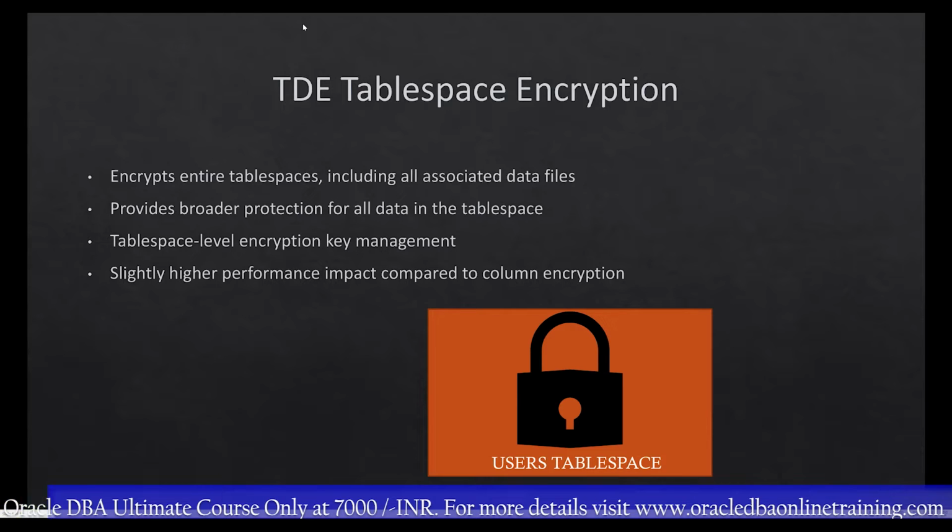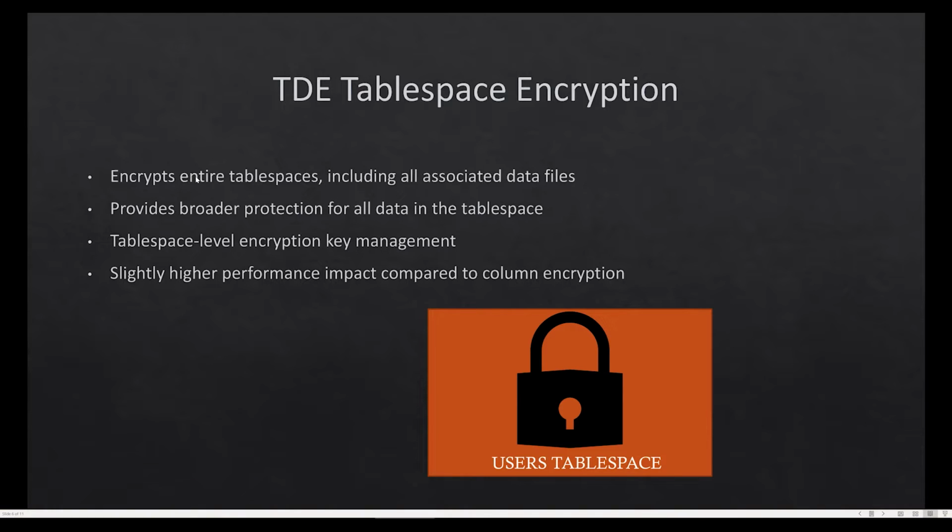Okay, so using tablespace level encryption basically includes all associated data files. So let's say in the users tablespace we have 5 data files, so all the 5 data files have to be encrypted. And it also provides broader protection for all the data in the tablespace.